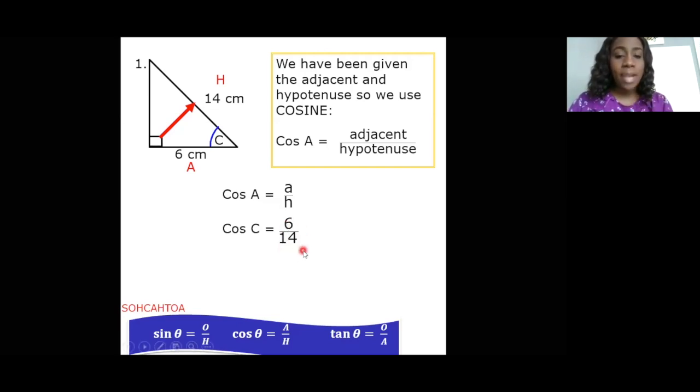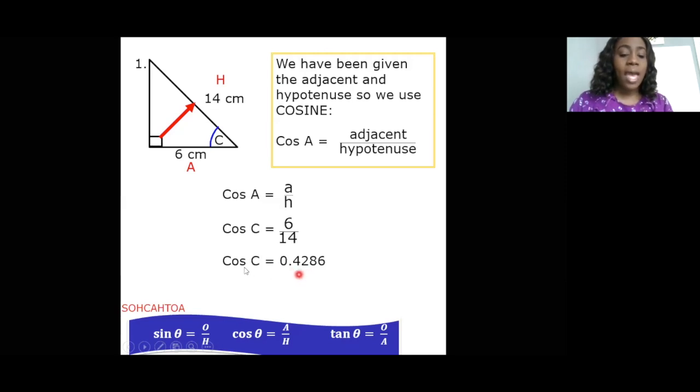You can go straight ahead and do the 6 divided by 14, and I'm going to show you how to do it. I'm going to see if I can pull up the calculator again for you. They're going to say C is equal to, and they divide it. If you do, guys, I want you to know that you have to write it to 4 decimal places. That's mandatory. If you divide, it must be the 4 decimal places.